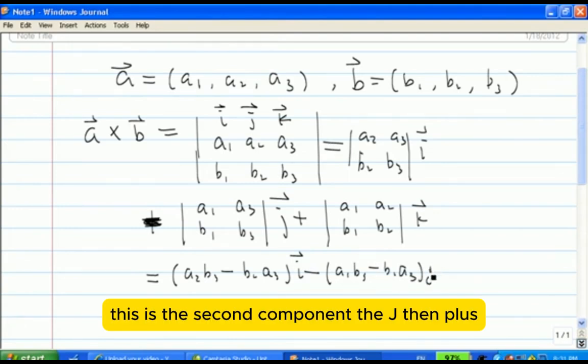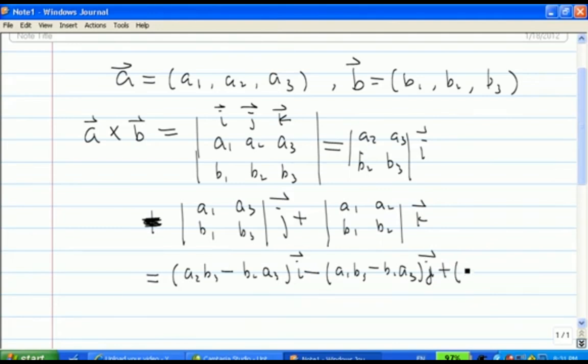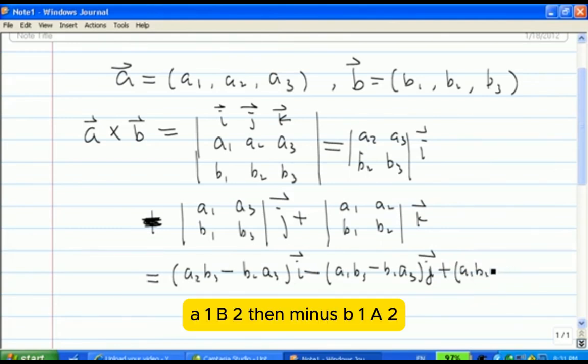This is the second component, the J. Then plus A1, B2, then minus B1, A2.